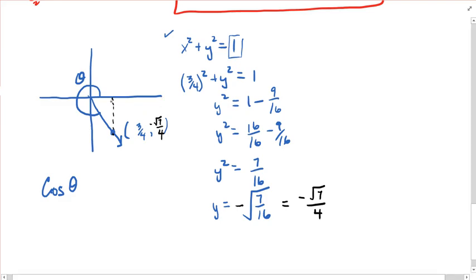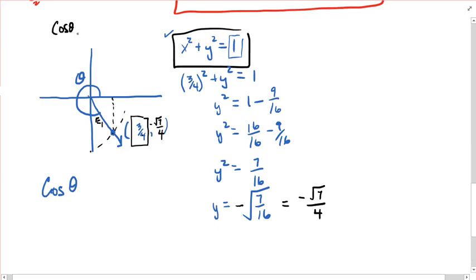So if I've got this now for my point, that's a point that's on the unit circle. I know that because these 2 points satisfy this equation, which is the equation of the unit circle. So I can use this point and I can find out what cos is. Now, because r is 1, I know that cos is the first coordinate.